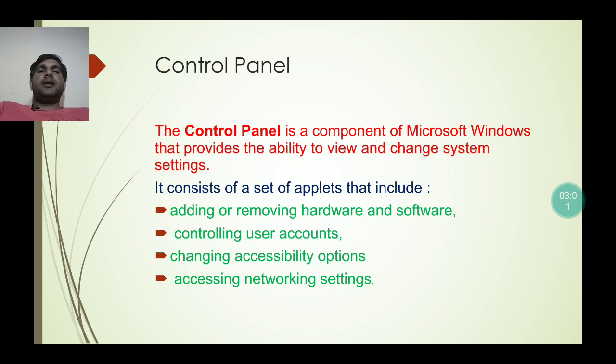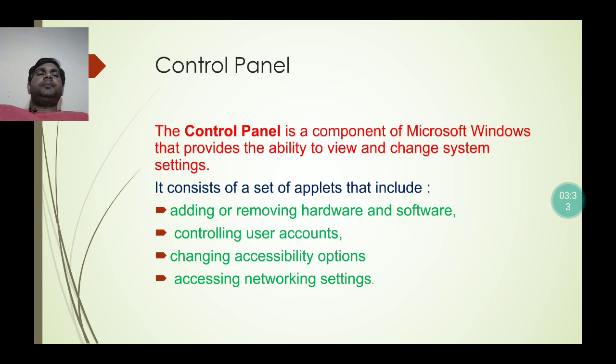And accessing network settings. Suppose our system is connected to a network, then different kinds of settings can be done using control panel to access a network or to permit our system to be shared over the network, to be accessed by anyone. These settings are done with the help of control panel. So there are a lot of settings in control panel, but in this video we will discuss a few settings.